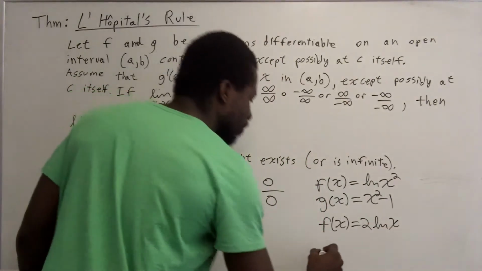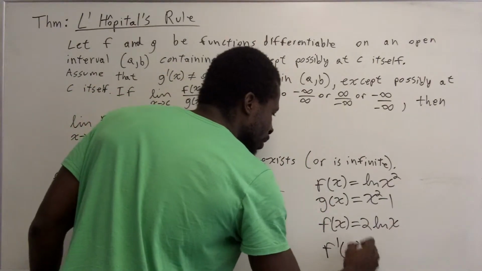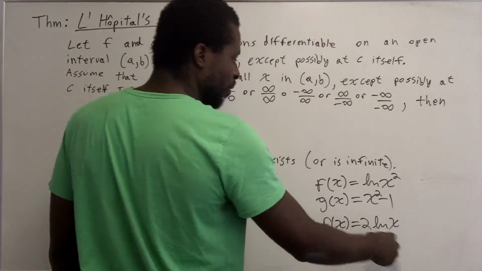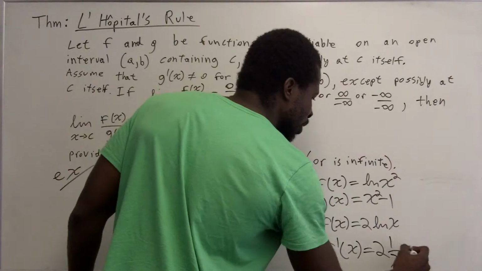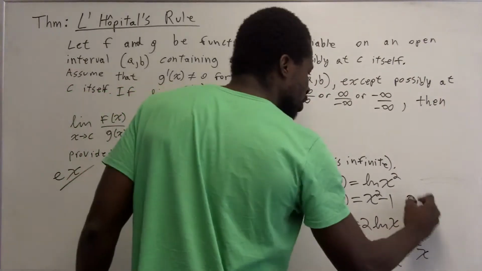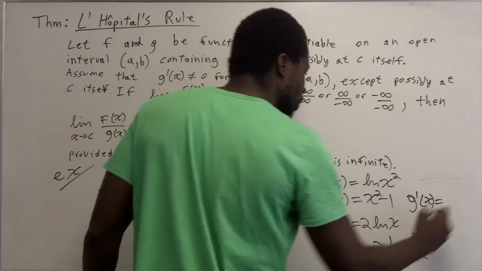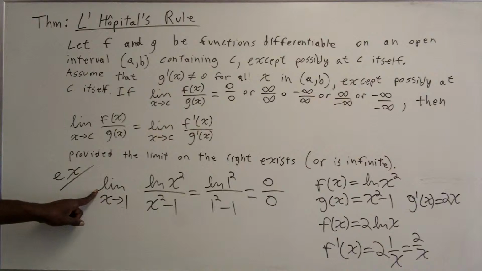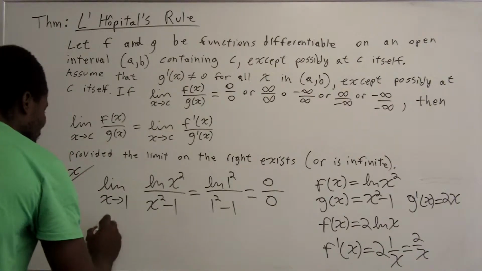And if I want the derivative, f prime of x is equal to 2, and then the derivative of the natural log is 1 over x, so I get 2 over x. The derivative of g, g prime of x, is equal to 2x. So this original limit is equal to this limit if it exists.